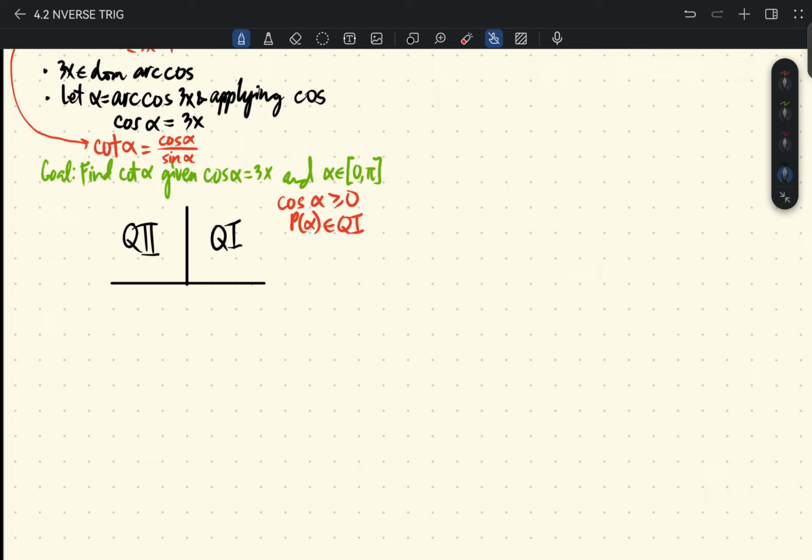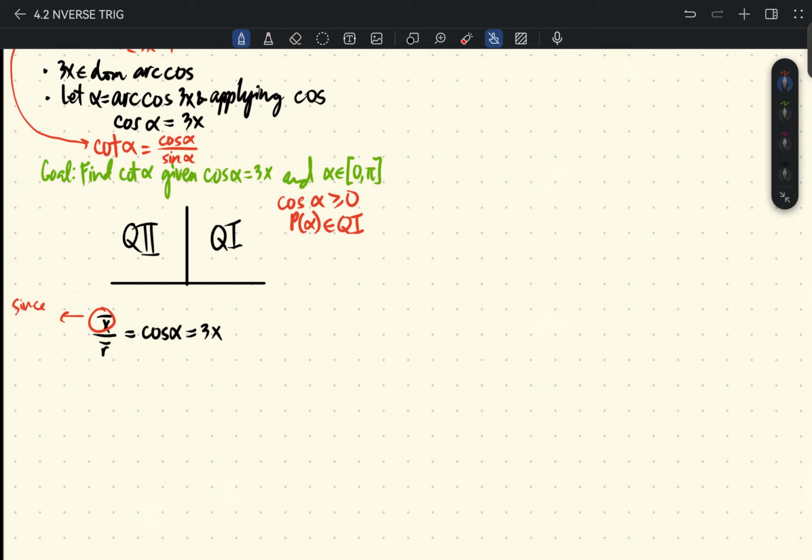So take note, your cosine of alpha, which is 3x, is just the same as x over r. But since we already use the variable x here, I don't want to use x on the other side. So instead, I'll call it x bar over r bar.